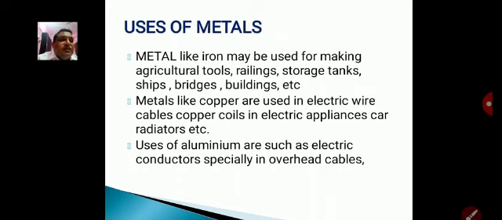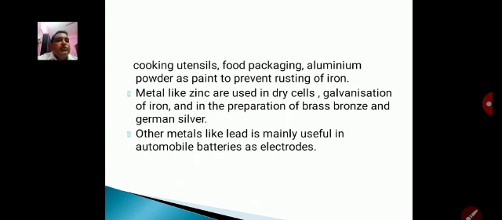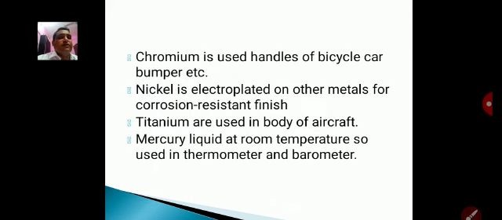One important thing I'm telling you is that in our body, iron is present in the pigment of red blood cells, hemoglobin, which transports oxygen from the lungs to all tissues of our body. So these are the uses of metals that are very helpful in our daily life.